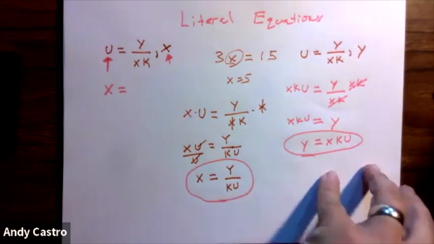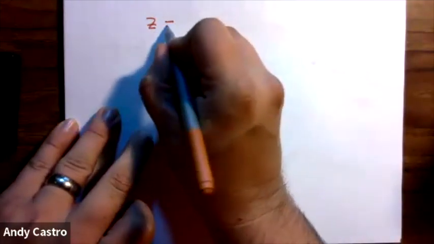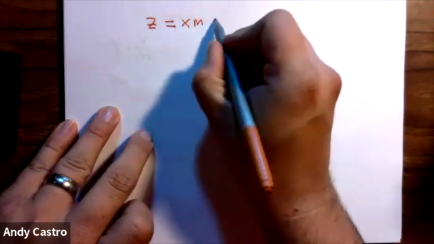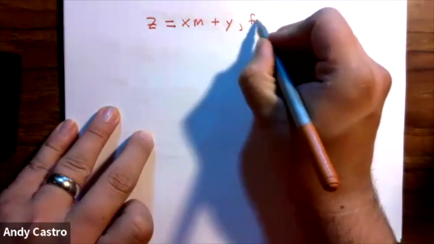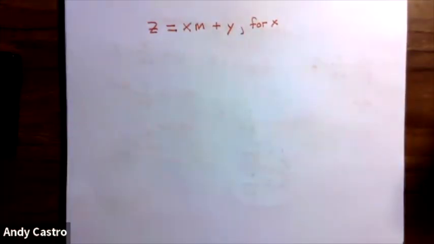All right, so let's do another one together. Let's do z is equal to x times m plus y. And I want to do this one for x. Okay.